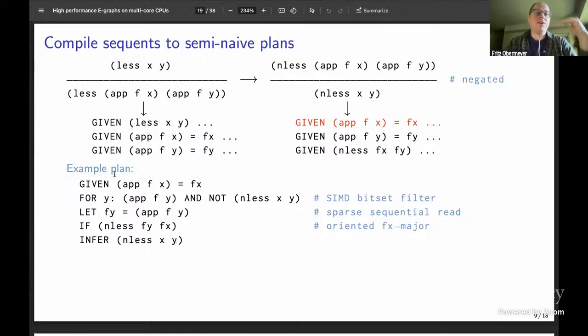And so you can read this as a backtracking plan. If this conditional fails, it backtracks up to the for loop, and then continues on to the next. And this is a whole language, of course, and it can backtrack, and some of these are longer. Two notes I want to make here: the way that the lookup table is arranged, this ends up being a sparse sequential read.